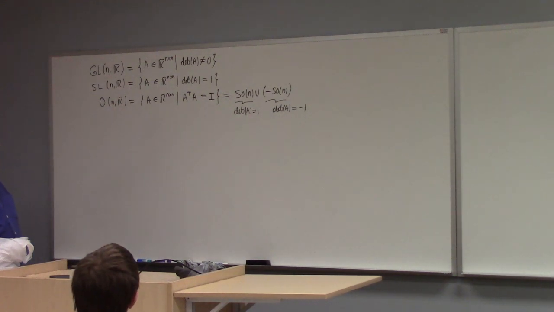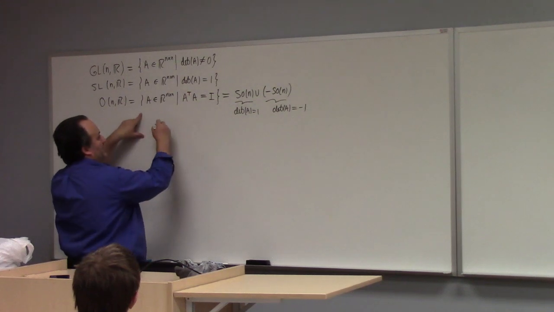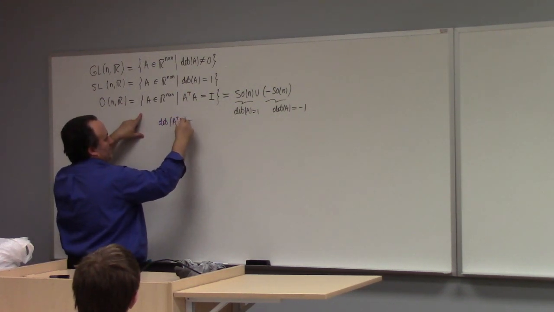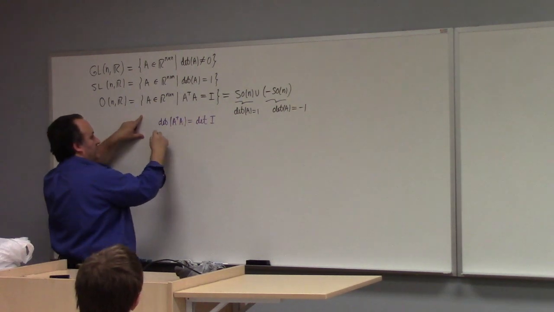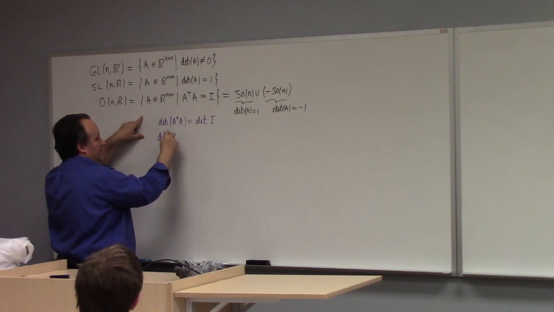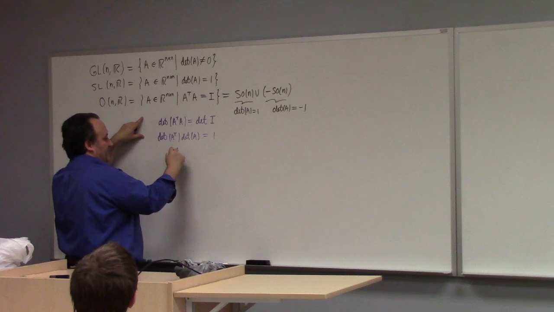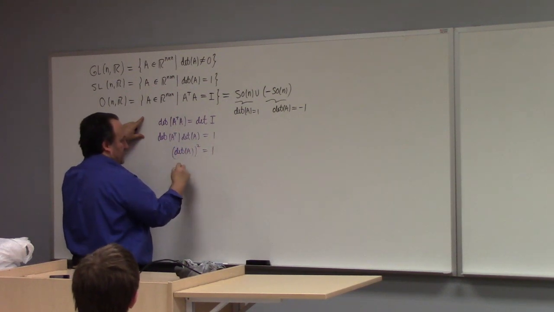That's on purpose. This is On. If you take an element A in On, the determinant of A transpose A is equal to the determinant of I. So that gives us the determinant of A transpose times the determinant of A equals 1, which gives us the determinant of A squared is equal to 1.